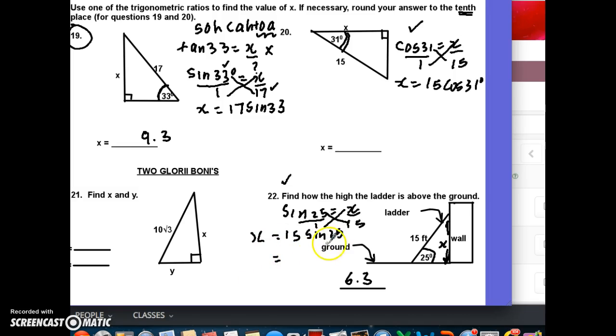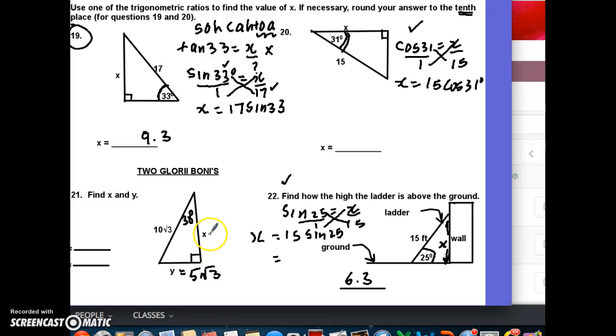So that would take care of those types. This one here, I have a mistake on this. I actually should have put a 30 degrees here. This is a 30, 60, 90. And in the 30, 60, 90 triangle, the length of the hypotenuse, you might remember, is twice the length of the shorter leg. So this is 10 root 3, and the shorter leg must have been half of that, which is 5 root 3.